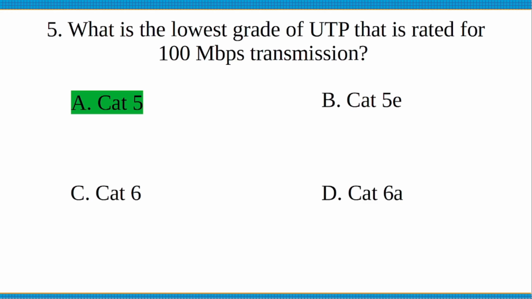Cat5 was the first UTP standard ratified for 100 megabits per second transmissions. Before that, Cat3 was popular but only supported 10 megabits per second. Cat5e, Cat6, and Cat6a all support at least 1 gigabit per second and came after Cat5.